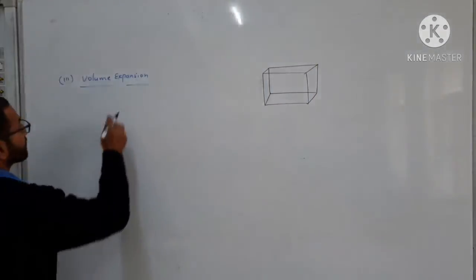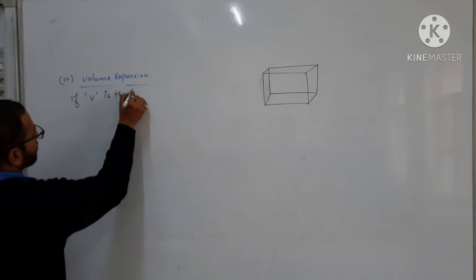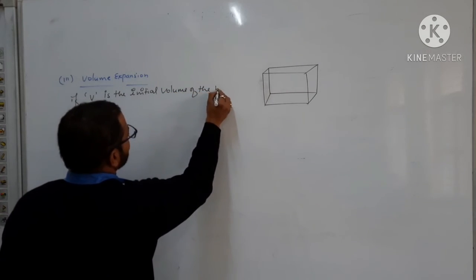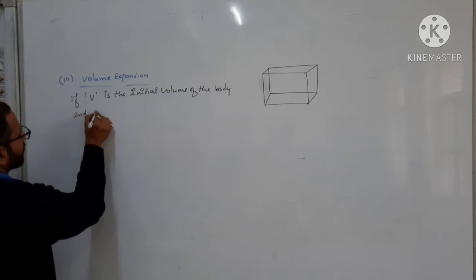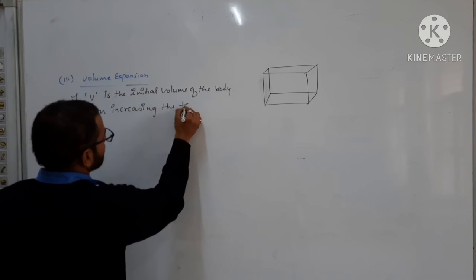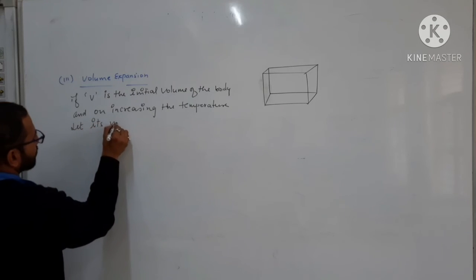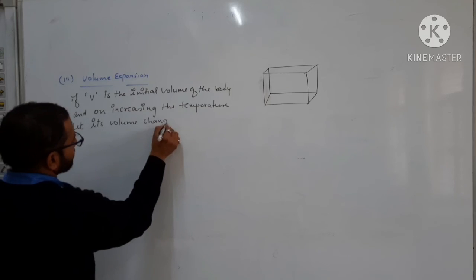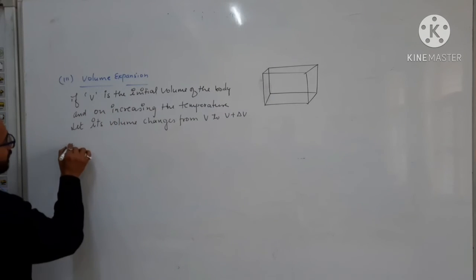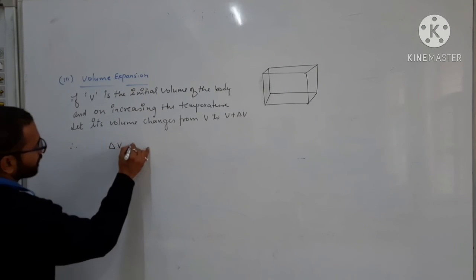So initially I am writing the statement here. If V is the initial volume of the body, and on increasing the temperature let its volume change from V to V plus delta V. Therefore, for expansion of volume, we can write that the change in volume depends on these values.